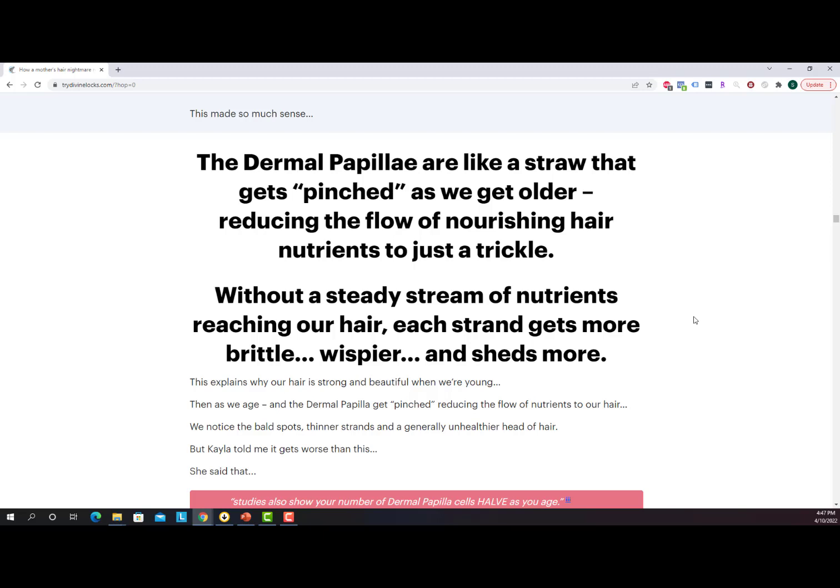It's because the nutrients are not getting to the hair. It's not about styling less. It's not about using masks or any of the home remedies that they've mentioned in this sales letter or any of the audience has tried. This is about nutrition and getting it internally through the dermal papillae.